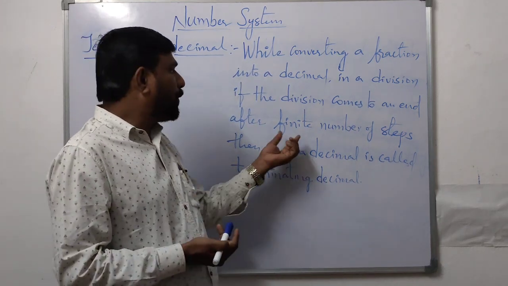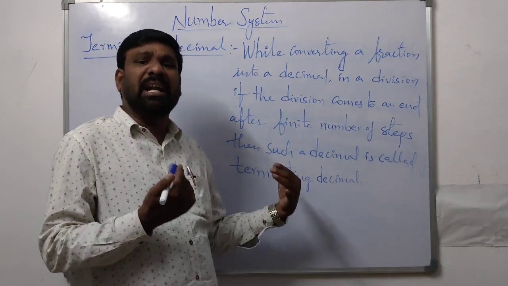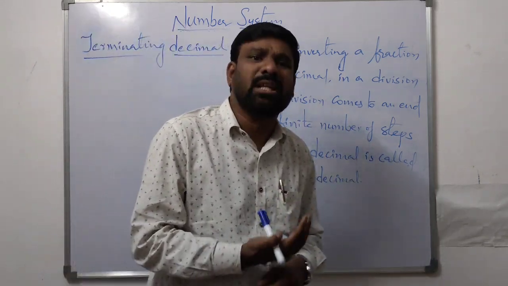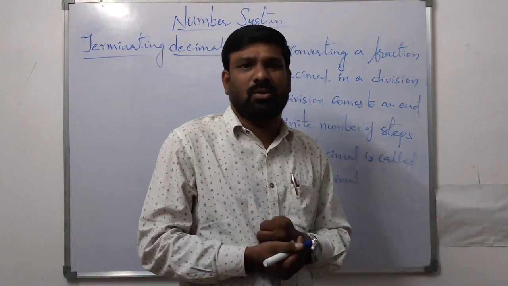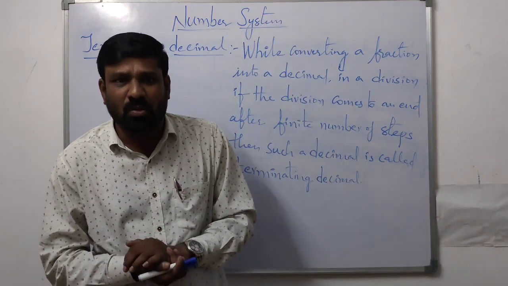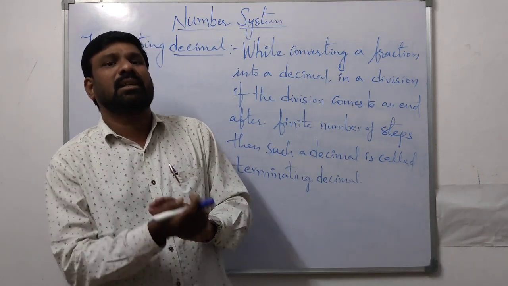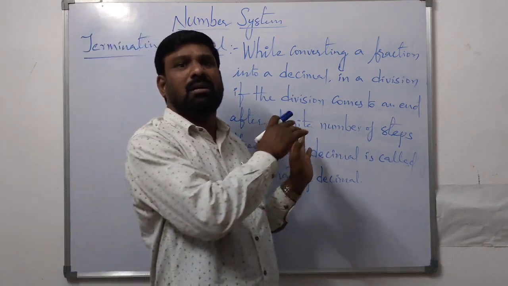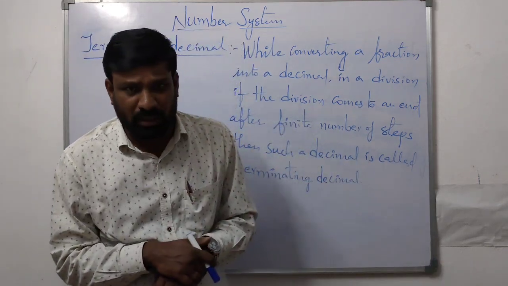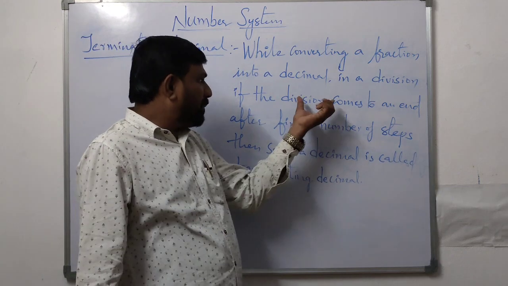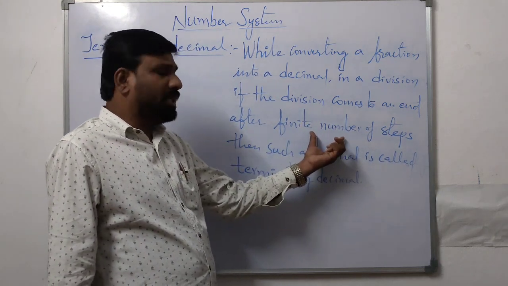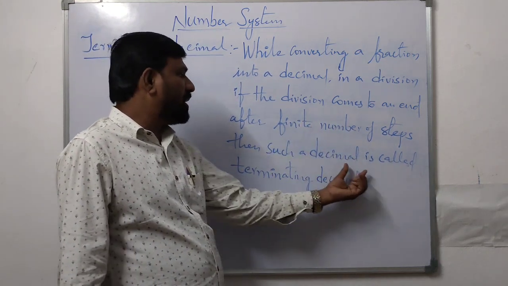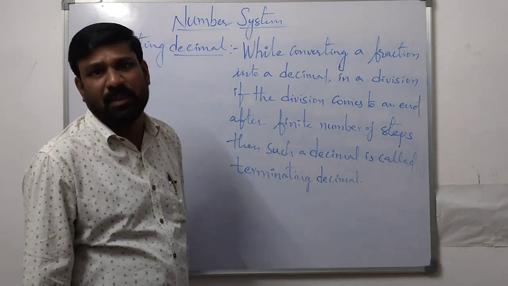After a few steps, if the division comes to an end, what is the meaning of end in the division? If you get the remainder 0 in the division, then we will say that the division is completed or the division has an end point, right? So in that particular division, if the remainder is 0, then such a decimal is called a terminating decimal.